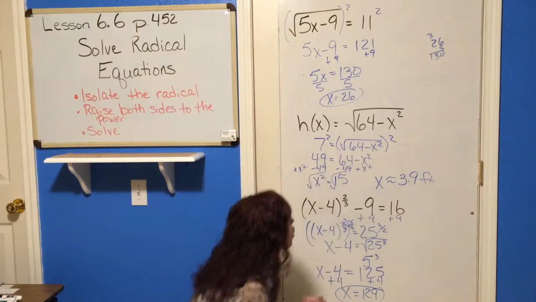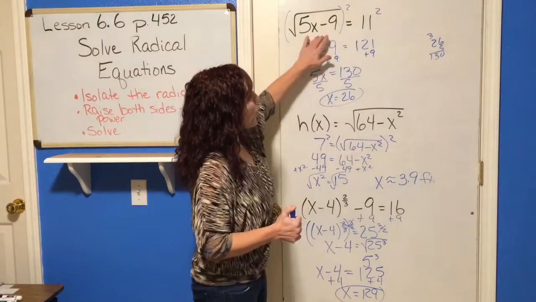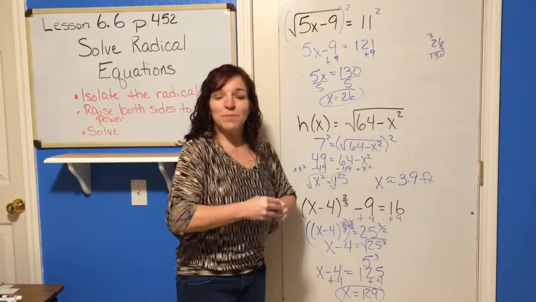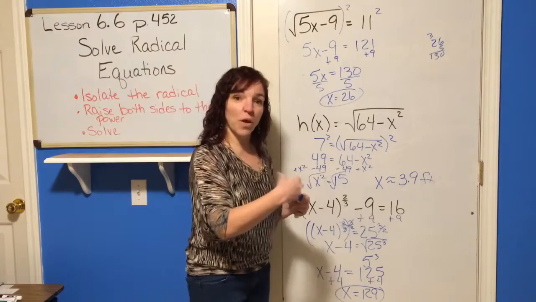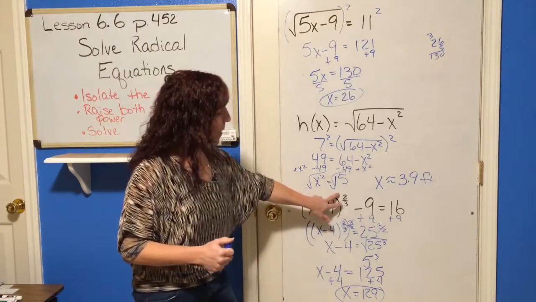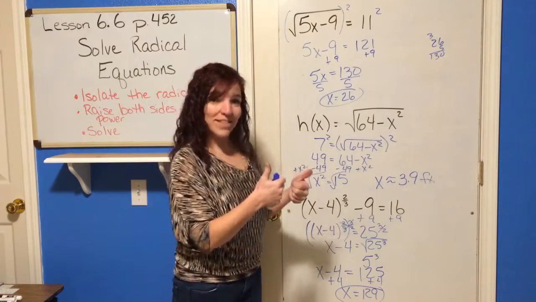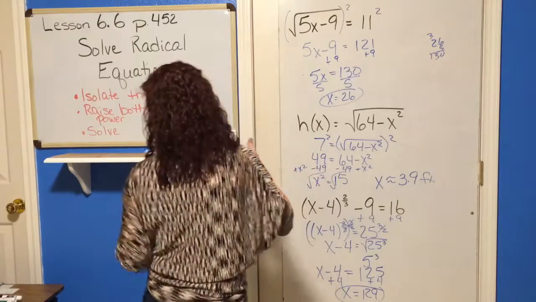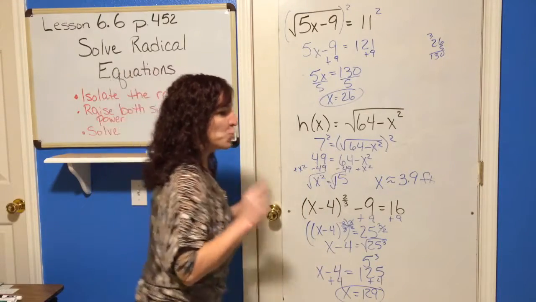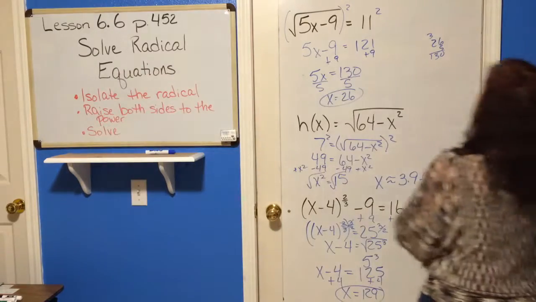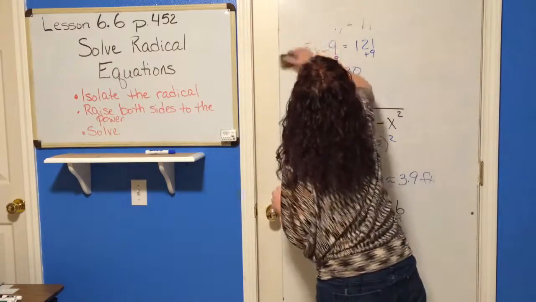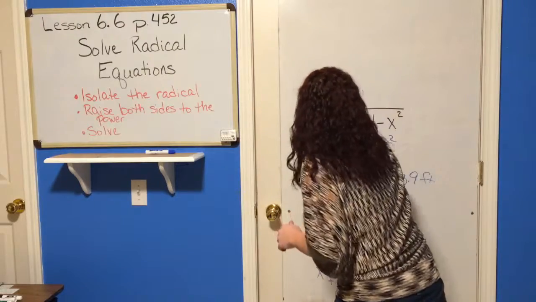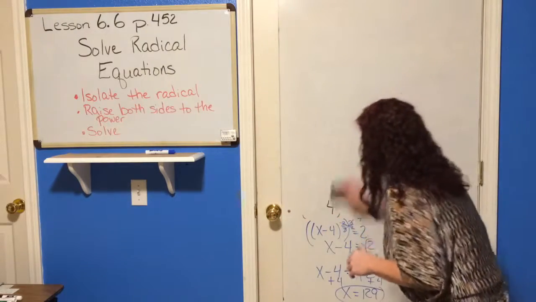All right. So if you've got a square root, you simply isolate it and then square it. If you've got a fraction exponent, you're going to flip that fraction and multiply both sides, or raise both sides to that power. All right, I've got 2 more. We must have the eraser.